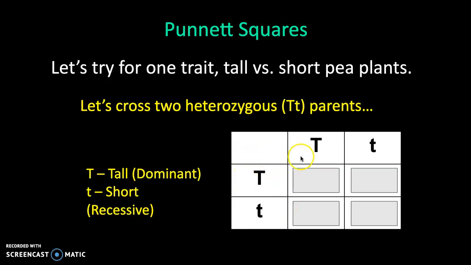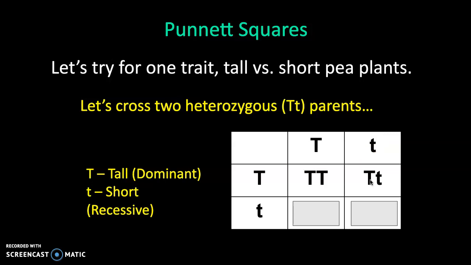So first, let's cross these two big T's. So these are, again, the dominant allele. So one big T is going here. This big T is also going here. And that is going to give us a genotype of homozygous dominant, or big T, big T. Next, let's cross this little t, so the recessive allele, with a dominant allele. So this combination is going to produce a heterozygous individual.